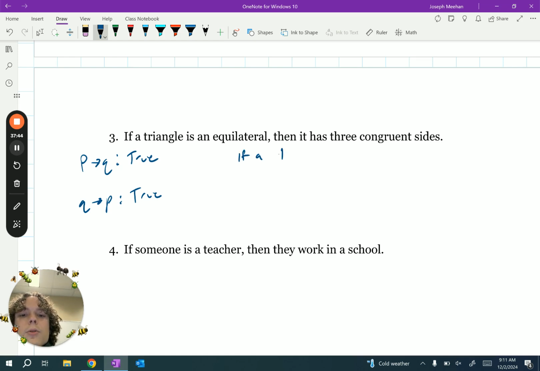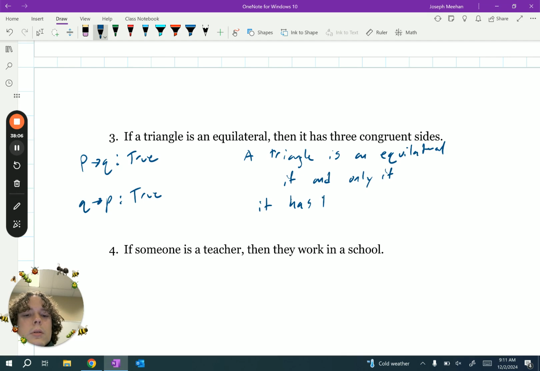The biconditional is true. So we can rewrite it to say, if a triangle, actually, I lied. It would say a triangle is an equilateral if and only if it has 3 congruent sides.